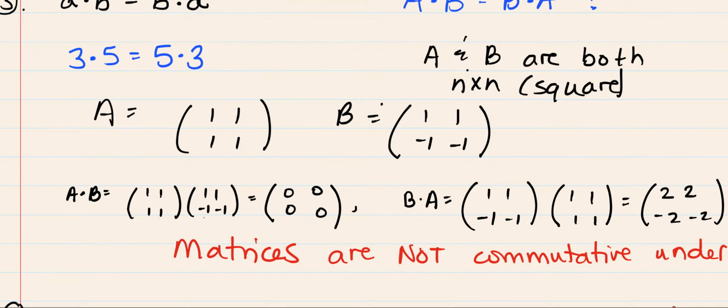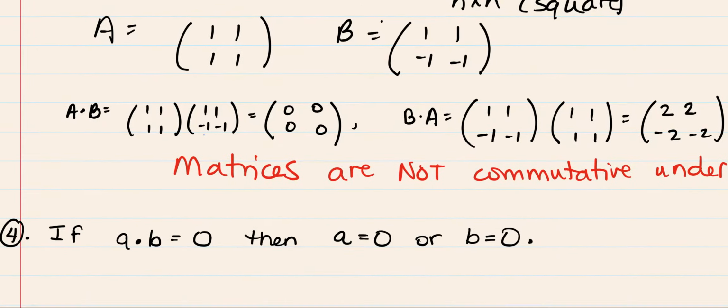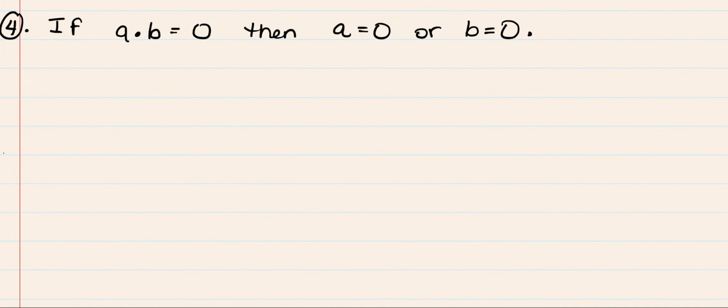Okay, so here's one rule that we broke. Are there other rules? Well, we have this rule that with real numbers, if we take one real number and multiply it by another real number and we get 0, then at least one of them has to be 0. Does this rule hold for matrices?